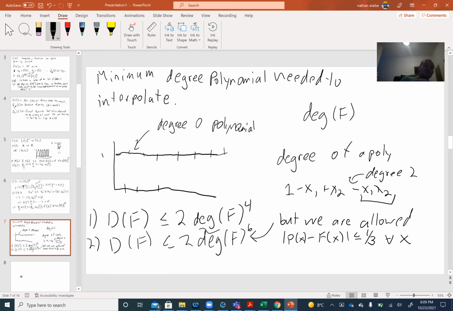Okay, so these are two results that allow us to understand an upper bound on the minimum query complexity based on the degrees of these polynomials. And so if we can figure out the degree of the optimal polynomial, then we're good.